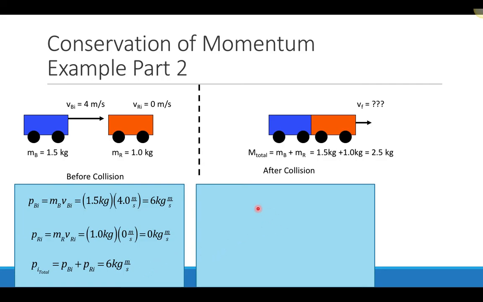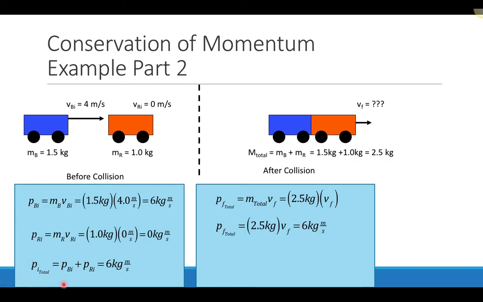All right, but now let's think about what's happening afterwards. I want to know what is the final momentum of my system. The final momentum is the mass times the final velocity, where this mass is the total mass of this entire system, which is 2.5 times its final velocity. I don't know what the final velocity is, but what I do know is that momentum is conserved.